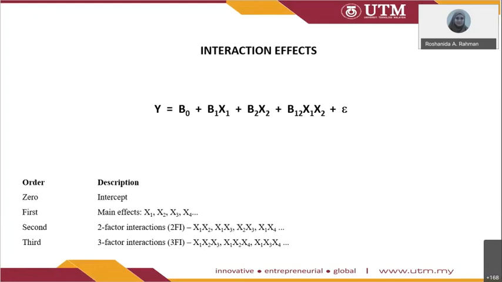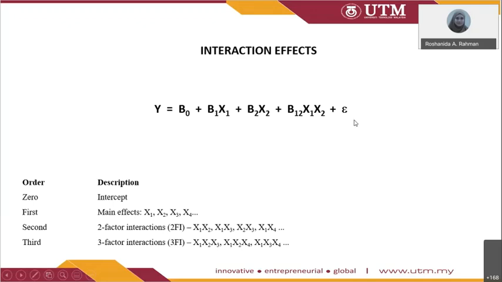When you have more than two factors, of course, it's quite complicated. And when you have a quadratic or polynomial equation, it's much more complicated. But the basic concept is just the same: the constant, and also the model terms based on the factors, based on the interaction, based on the quadratic effect.